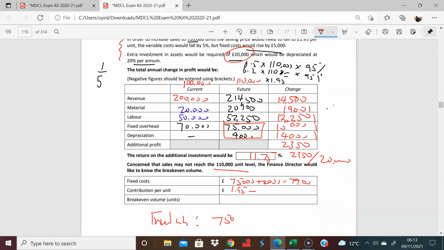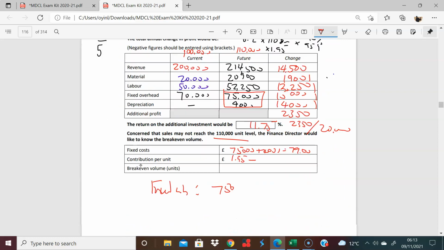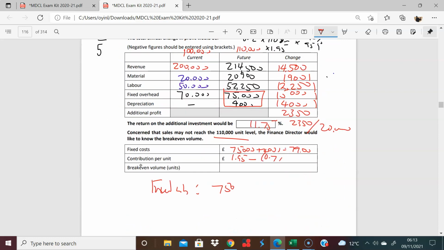You can band them together, to be fair: 0.7 times 95% of it is 0.95 times 0.7, which is 0.665. So your contribution is 1.95 minus 0.665, and that's 1.285.